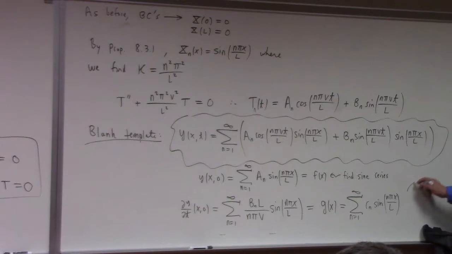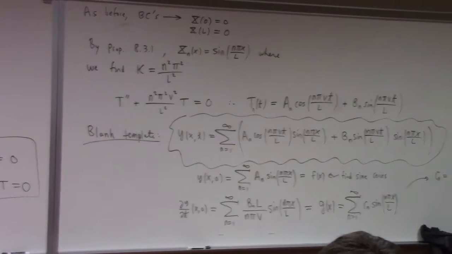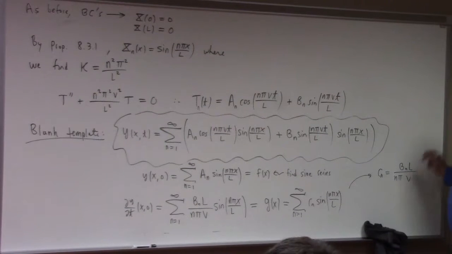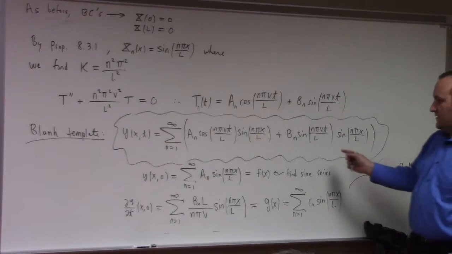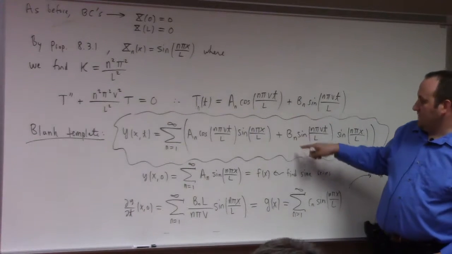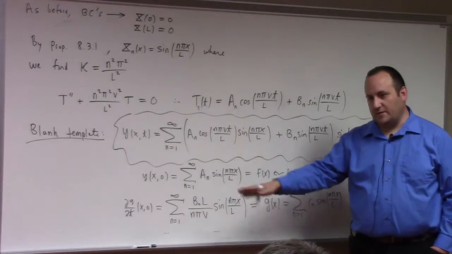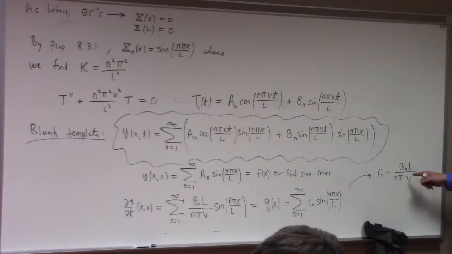It tells you that the C sub n's are equal to b sub n times L divided by n pi v. See, this one's a little more subtle; we had to divide by 2 for the constant term in the last problem, right? Now the connection between the Fourier coefficients and the coefficients in the blank template is a little bit more subtle here, right? I actually have to solve for b sub n.